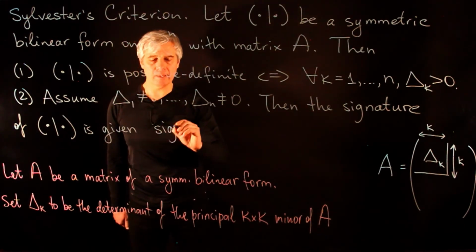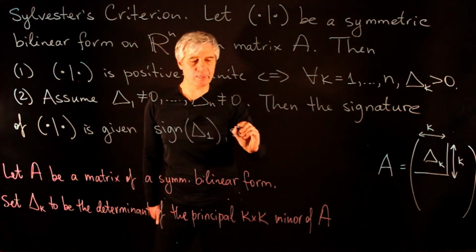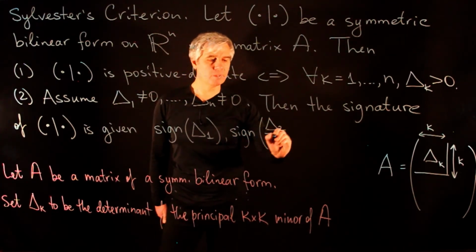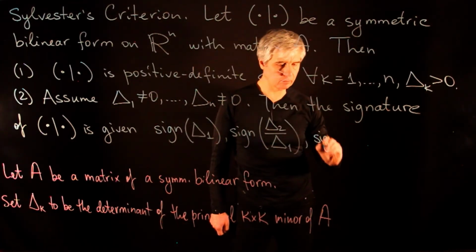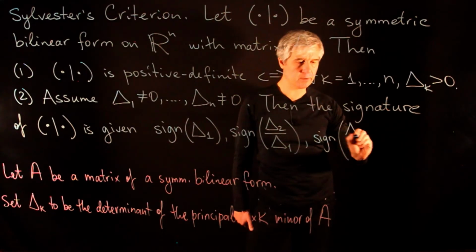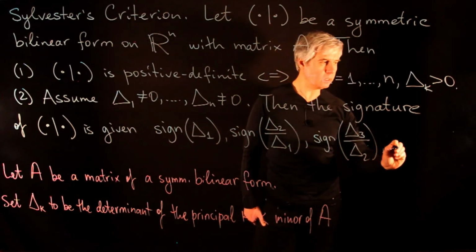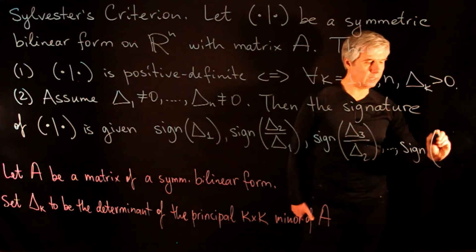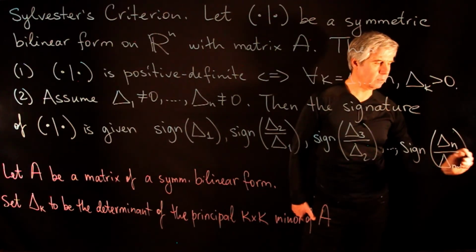So we take sine of delta 1, then sine of delta 2 divided by delta 1. Then we take sine of delta 3 over delta 2, and so on, up to sine of delta n over delta n minus 1.